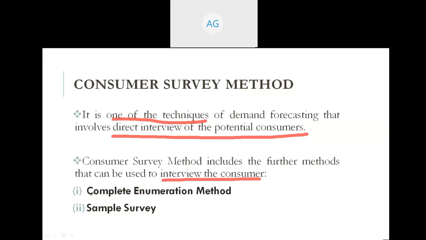So the further methods are complete enumeration method and the sample survey method. So these are the two methods which are adopted in the consumer survey. So let us discuss each of these methods in detail in the next slide. So moving to the next slide.